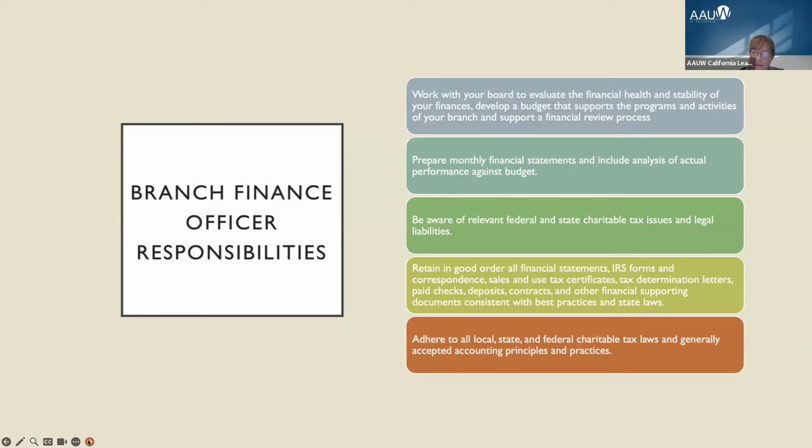And then, if somebody is going to donate, they may want to see those numbers. Paid checks, deposits, contracts, all these documents should be consistent with how long you hold them. And this really helps. If you pass on the position to somebody else, they will have a good set of documents to understand what they need to do going forward.